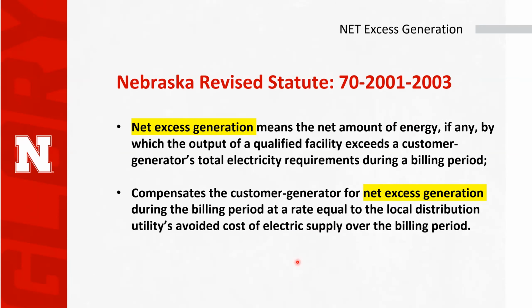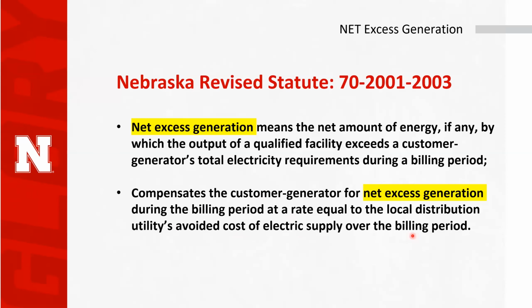So back to the statute for a moment. I pulled out 2 of the places where net excess generation is both defined and then used. Net excess generation means the net amount of energy, if any, by which the output of a qualified facility exceeds a customer generator's total electricity requirements during a billing period. Again, they're talking about that subtraction between grid used electricity and excess generation. And it compensates the customer generator for net excess generation during the billing period at a rate equal to the local distribution utility's avoided cost of the electrical supply over the billing period.